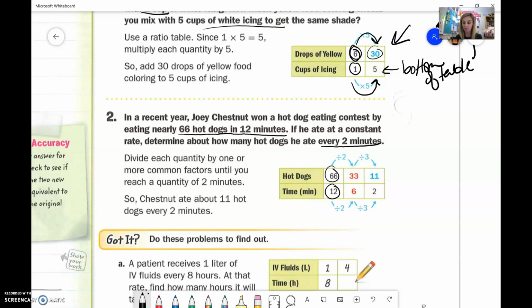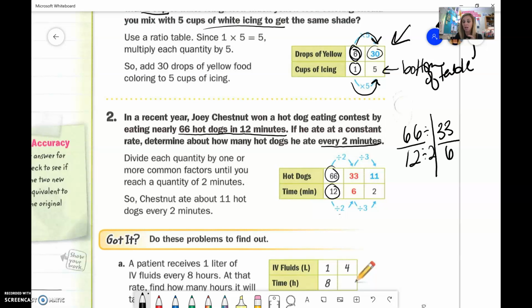They've actually broken this down into 2 different sections, which I think is phenomenal because we both know that 66 and 12 have a common denominator of 2, right? So if we divide each of these first by 2, that's going to give us 33 over 6, which means in 6 minutes, this dude eats 33 hot dogs.